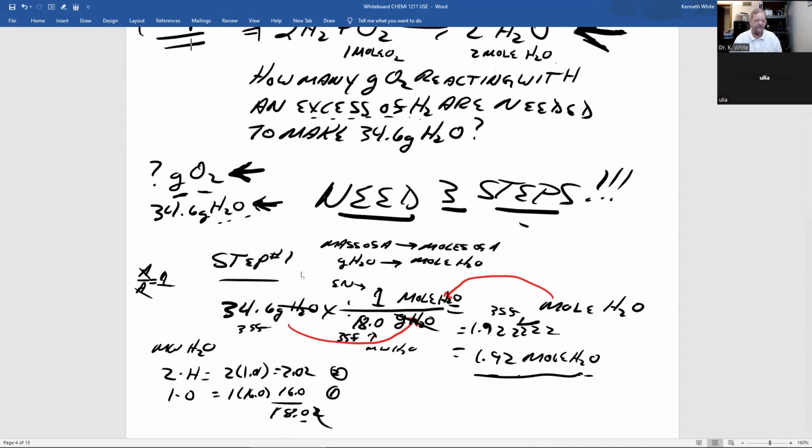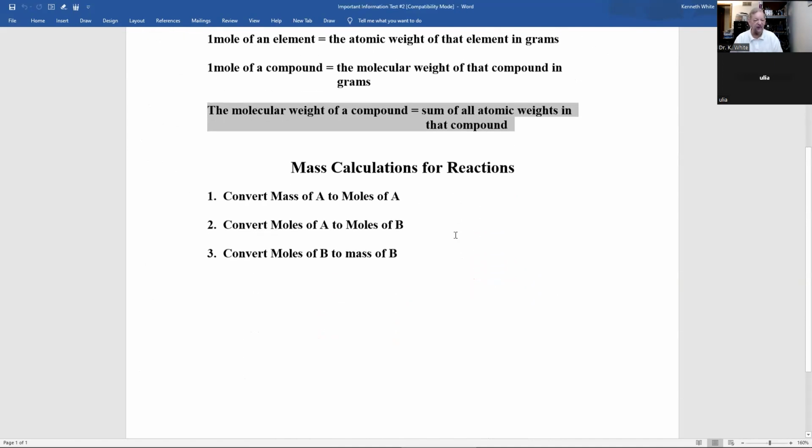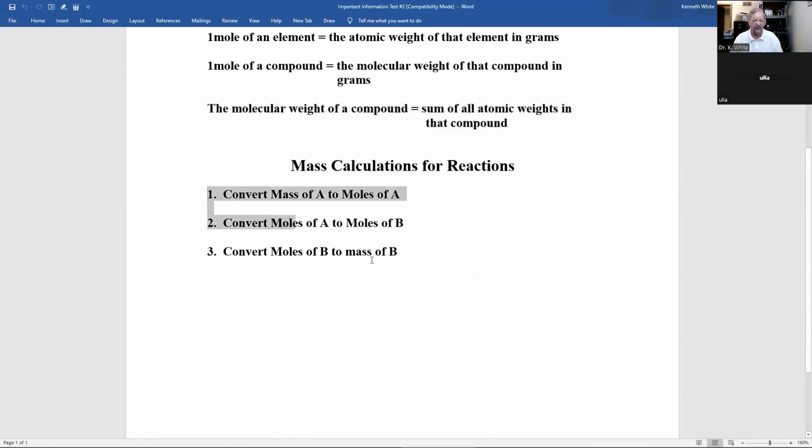And in the past, students would have to memorize it. Good news. Here are the 3 steps you need to use for that problem. The first one, the mass, meaning grams of A, whatever you're given in weight, you convert to moles of that compound.